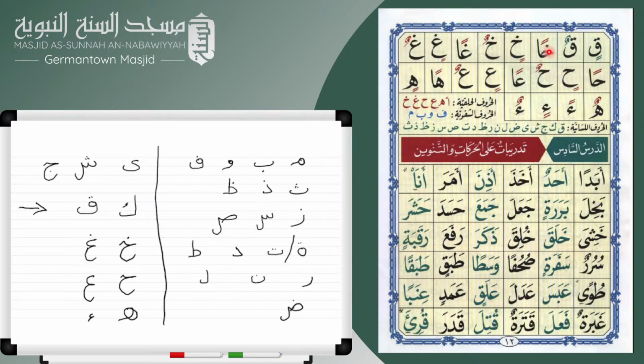Do you see them next to one another? Kha, fatatain, kasratain, and dammatain. And then ghayn, fatatain, kasratain, dammatain. Then he goes to those two that come to the middle of the throat, the ha and the ayn. And then he goes to those that come from the deepest part of the throat, close to the chest, the ha and the hamza. So I just wanted to point that out.